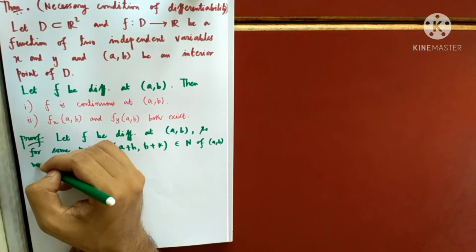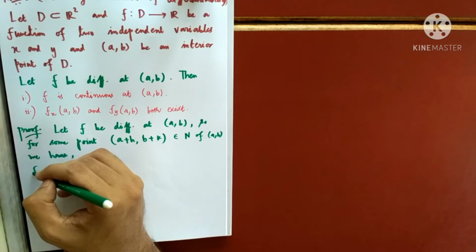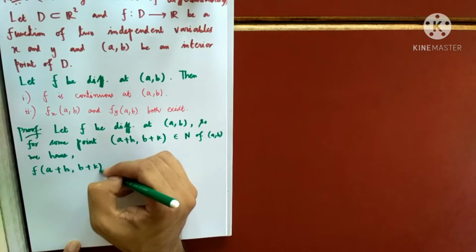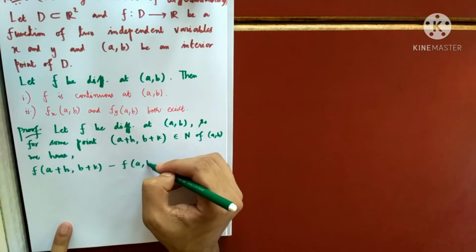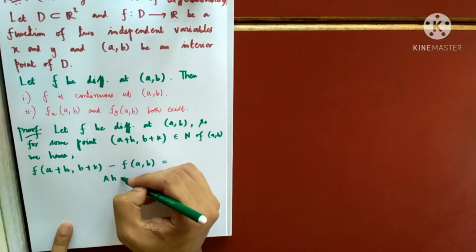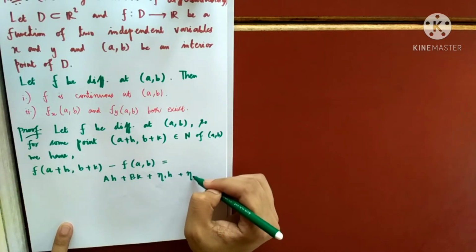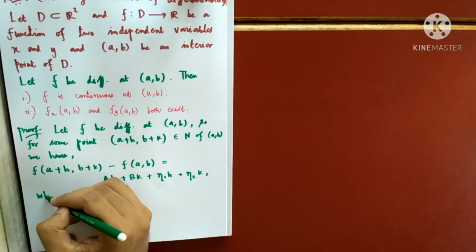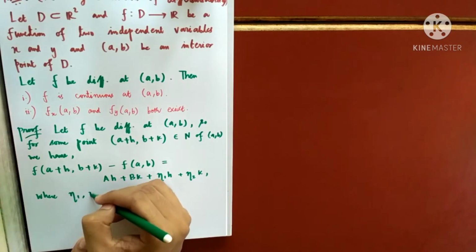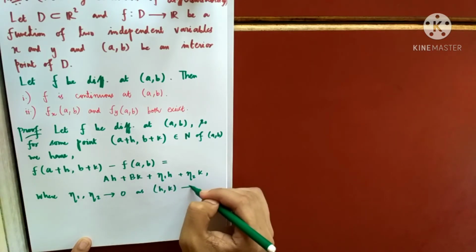Because the function is differentiable, this should hold. This is the increment. The increment should be expressed in the form: a h plus b k plus eta 1 h plus eta 2 k, where eta 1 and eta 2 both go to 0 as h, k both go to 0.